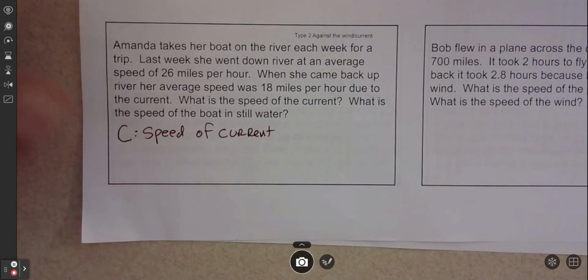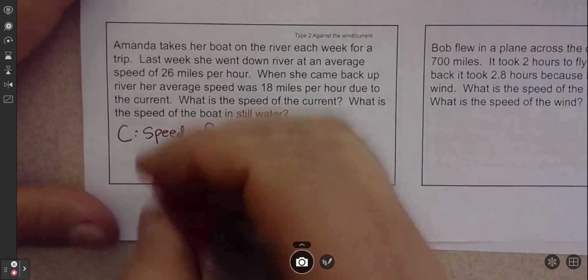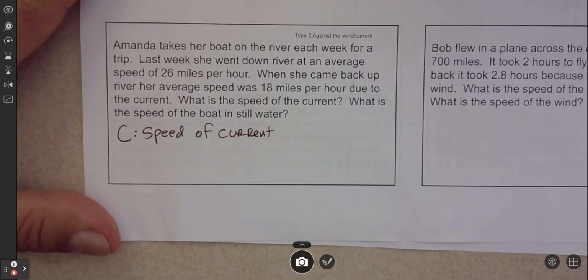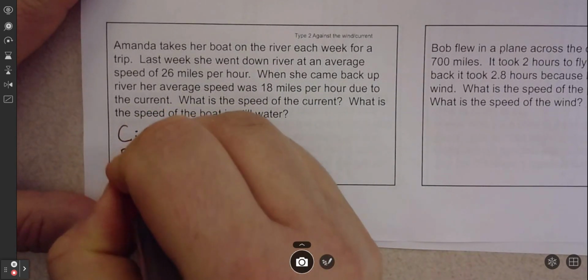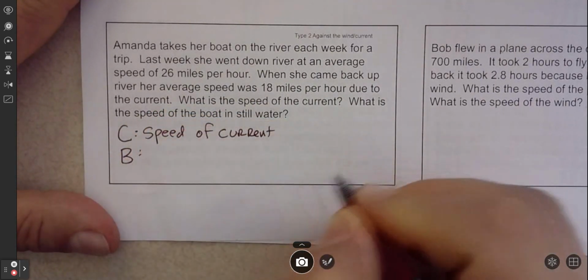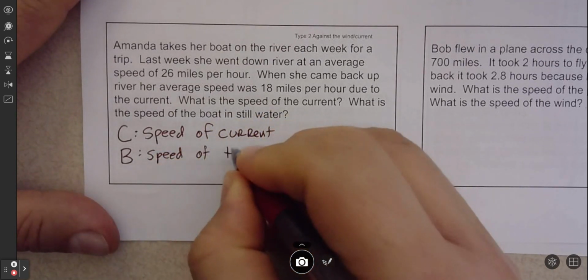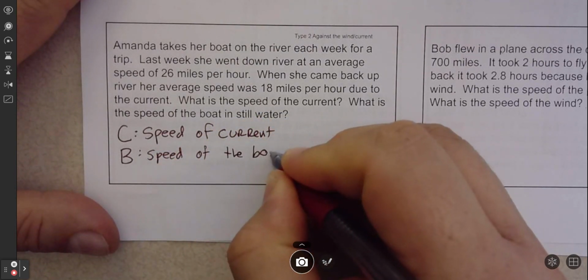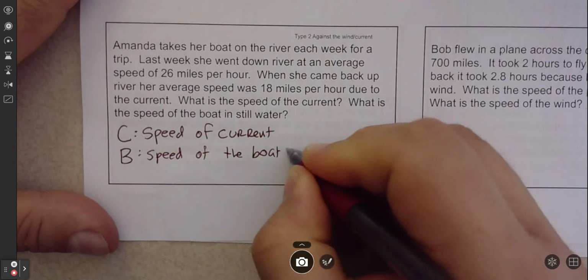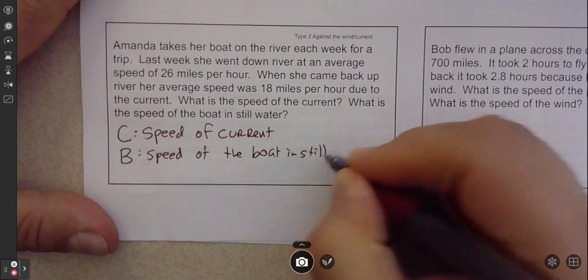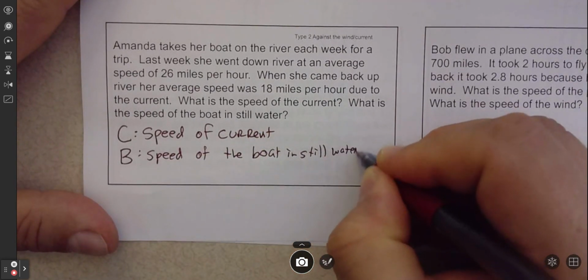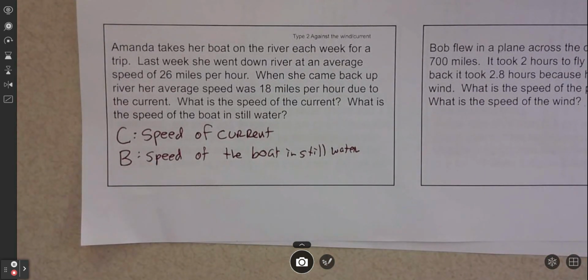The speed of the boat. And what letter do you want to use for that? B. Good. I like B too. B is the speed of the boat in still water. And what that means is there's no current. It's not being pushed or pulled or slowed down or sped up from that. Okay?